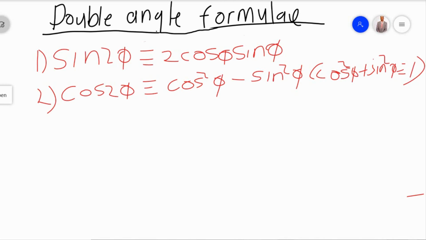If I move sine squared theta to the other side, I'm going to get 1 minus sine squared theta is exactly identical to cos squared theta.